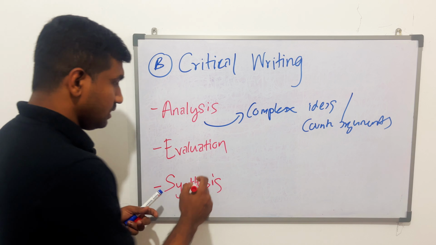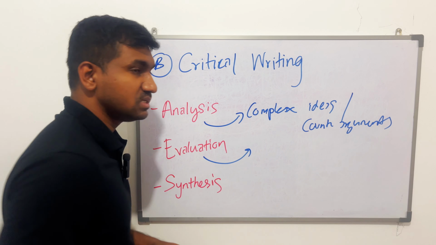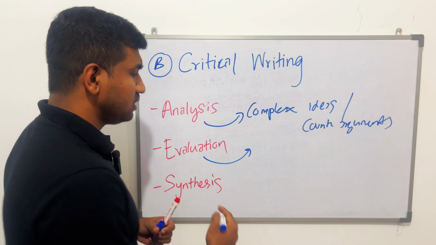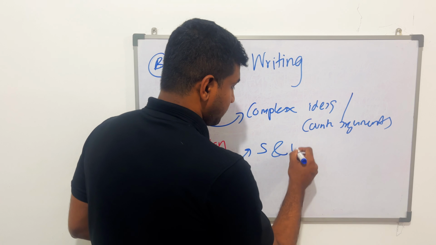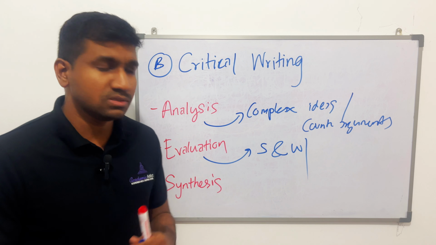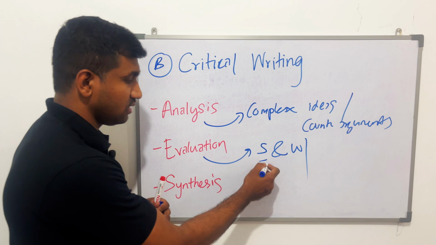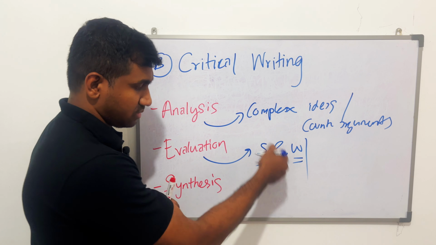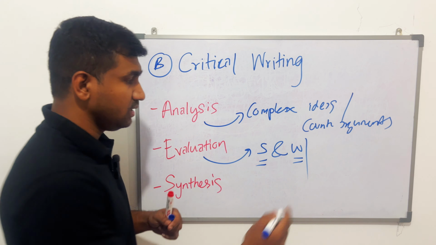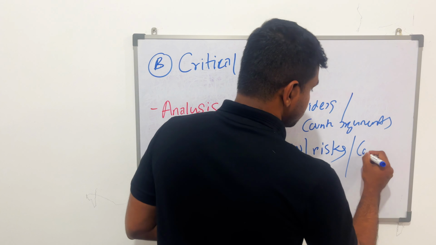Okay, and then you have the evaluation. Evaluation as in you are judging things. Maybe you are judging strengths and weaknesses of theoretical information or of your chosen company. You're evaluating risks, consequences.